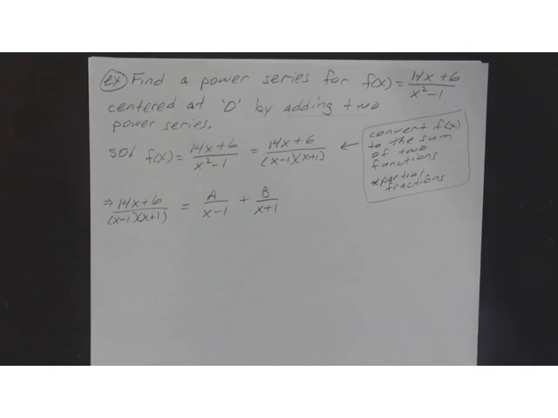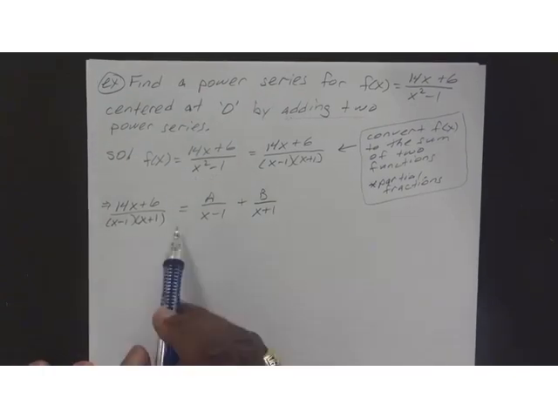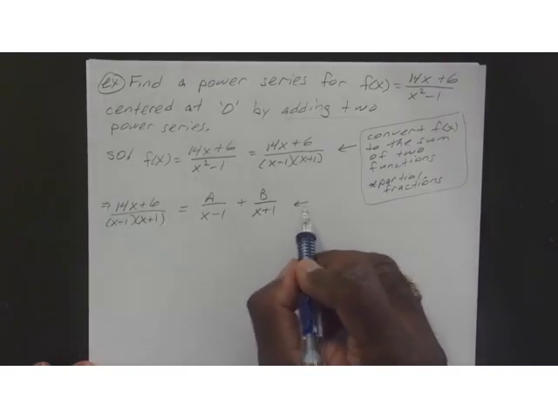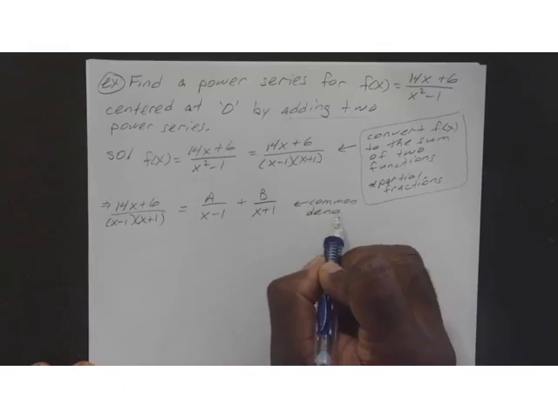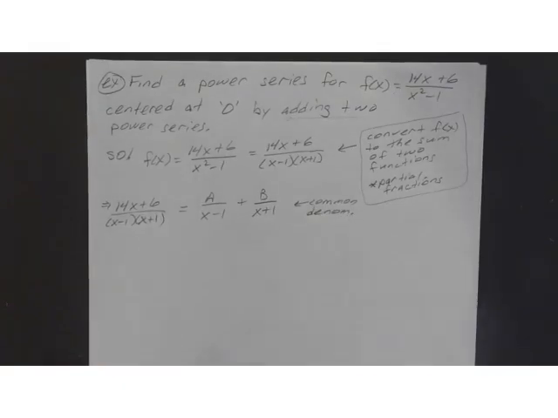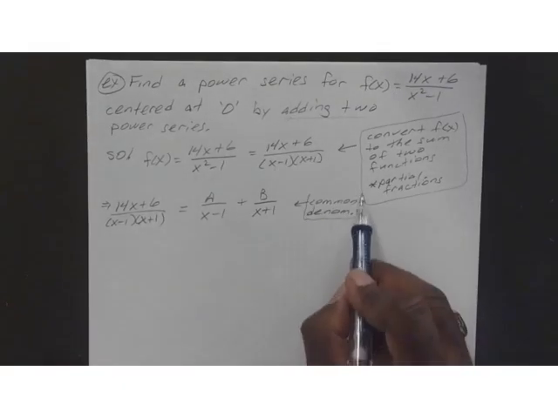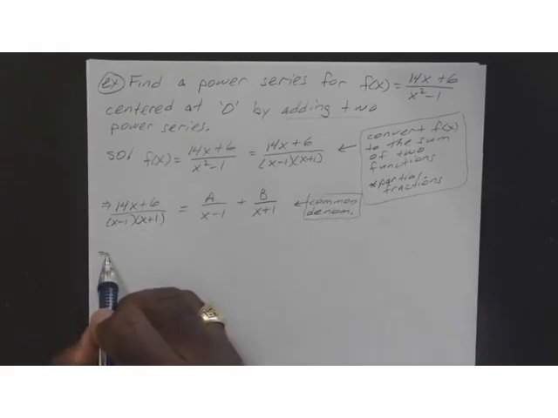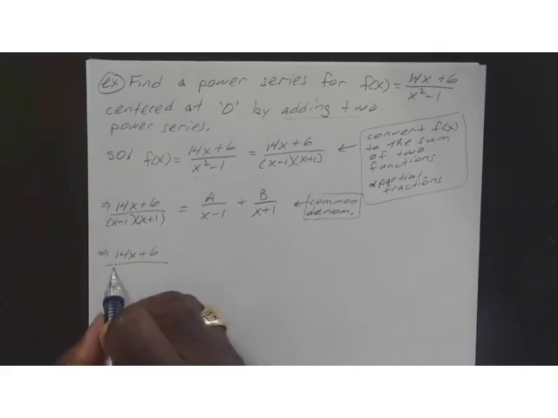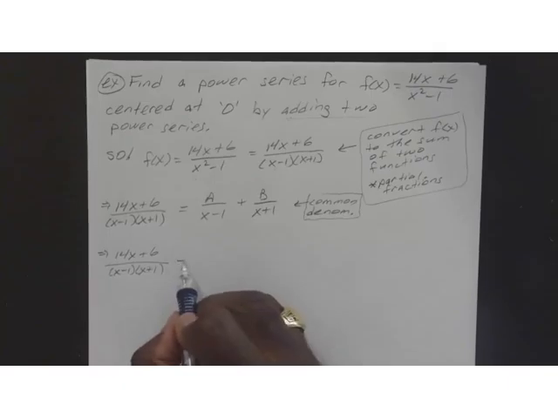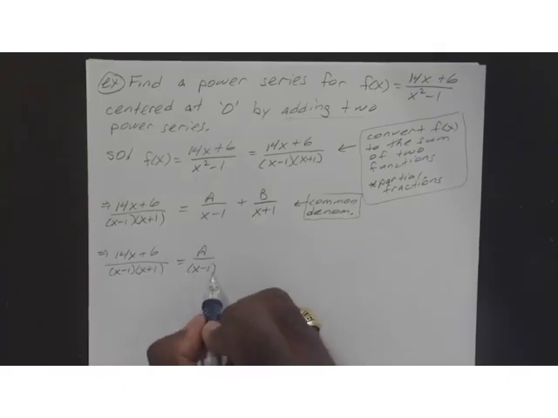So the first step for our partial fractions is we have to get a common denominator. We have our 14x plus 6 divided by x minus 1 times x plus 1 is equal to a divided by x minus 1.